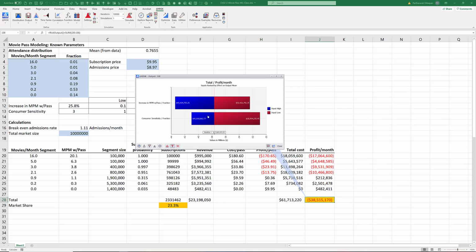These bars are arranged in decreasing width. The largest width means that input had the largest variation in the profit, and that's at the top. Then the next smaller width is plotted below it.